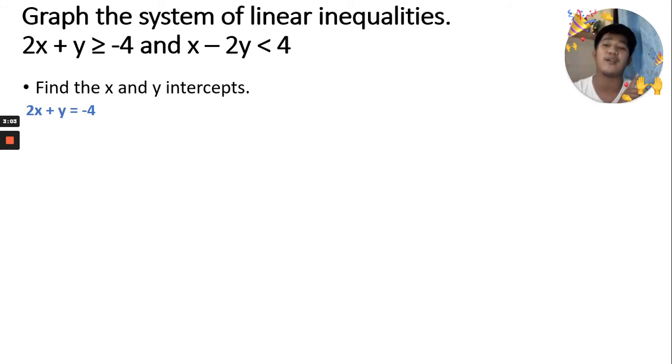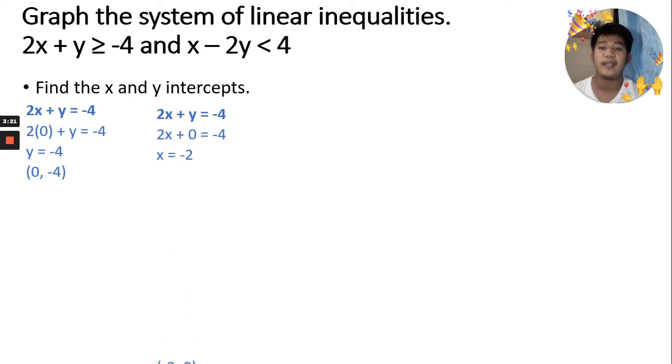That's the first thing, okay? Rewrite the inequality into an equation, the equivalent equation. Then for us to get the x and y intercepts, substitute 0 to get the value of y. So we have 0 and negative 4 as our first point of the first inequality, and then the value of x will be negative 2 and 0. So we have 0, negative 4, and negative 2, 0 as the x and y intercepts of the first inequality.